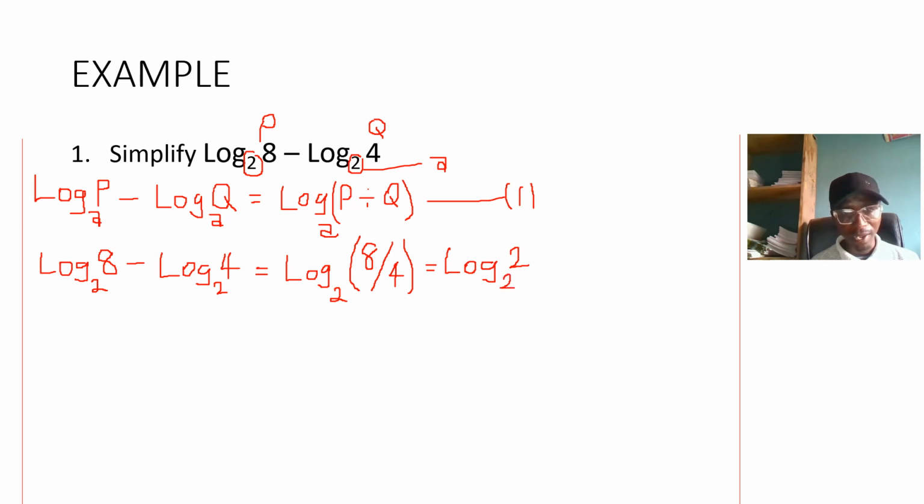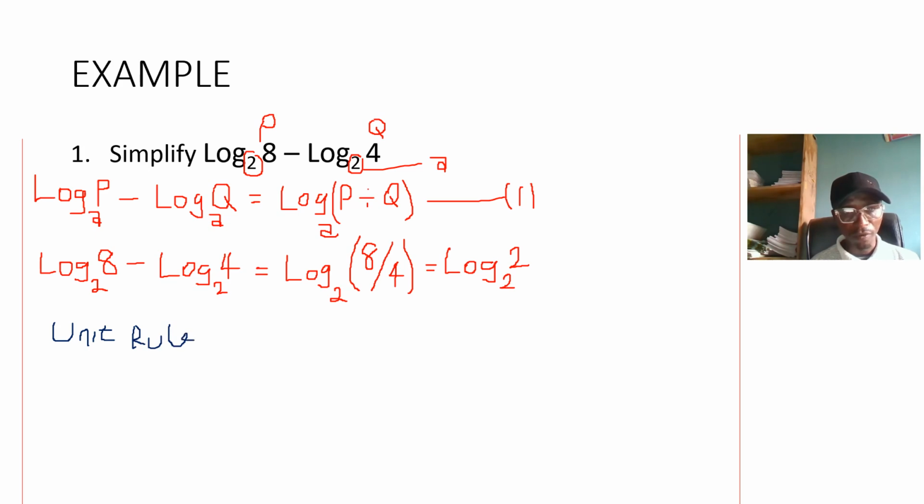And here now we need to adopt a rule, the unit rule. If you remember in our previous class, while we were deriving the quotient rule, we made mention of the unit rule of logarithm. And what was the unit rule of logarithm saying?